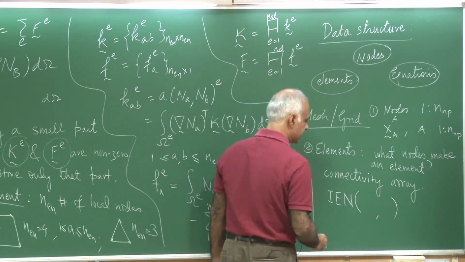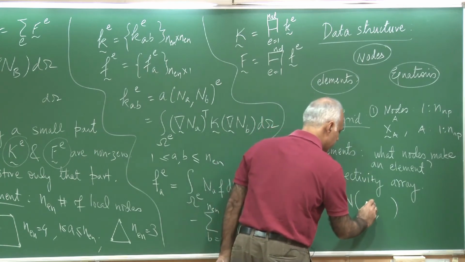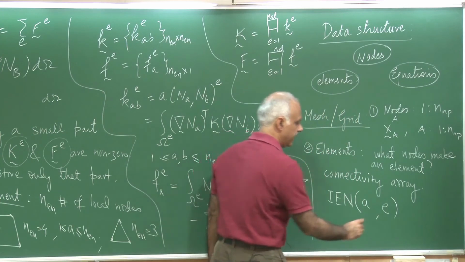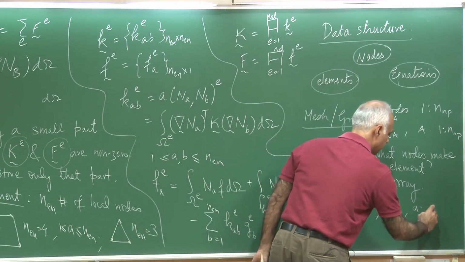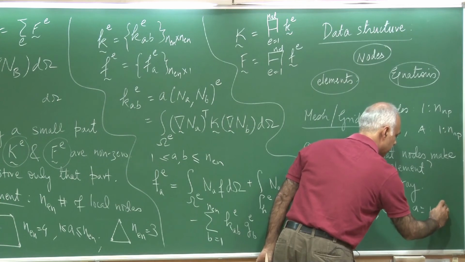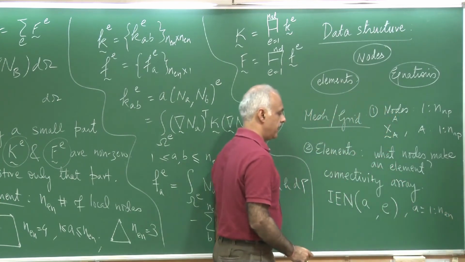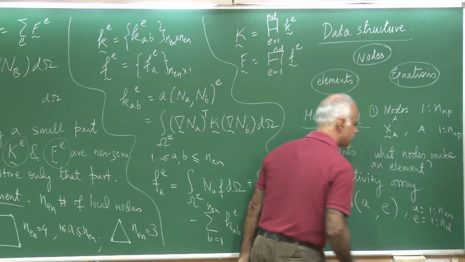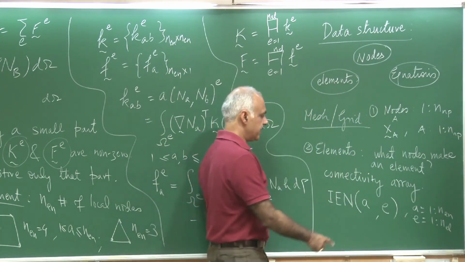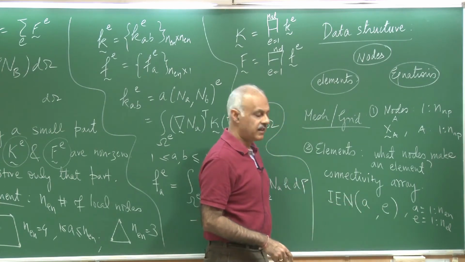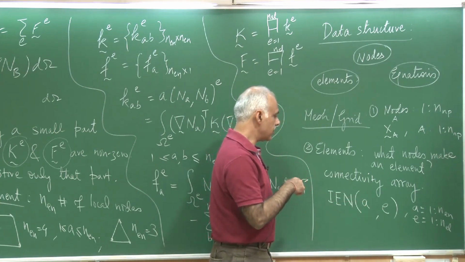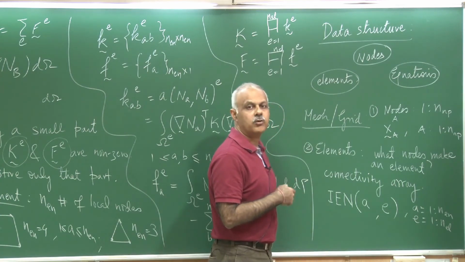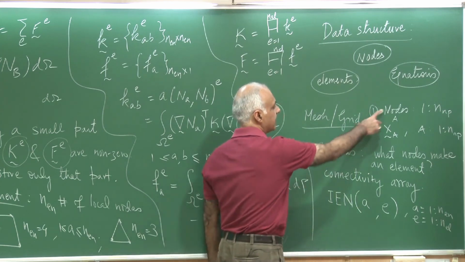The first index is the local node number, so I will call it A, and the next index is E. A goes from 1 to NEN, and E goes from 1 to NEL. So what is being said is that for each element I can cycle through the number of local nodes it has and then find out the global node number, and these are the global node numbers.